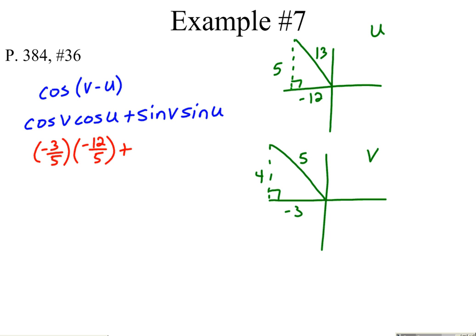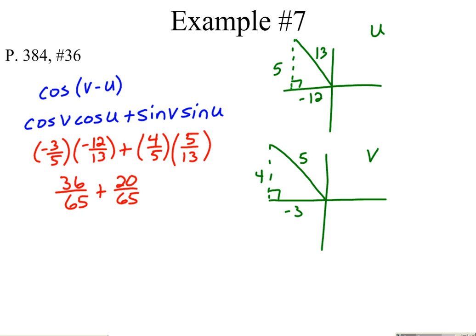Sine of V, opposite over hypotenuse, 4/5. Sine of angle U, opposite over hypotenuse, 5/13. Multiply these together, we get 36 over 65 plus 20 over 65. Add those together, 56 over 65.